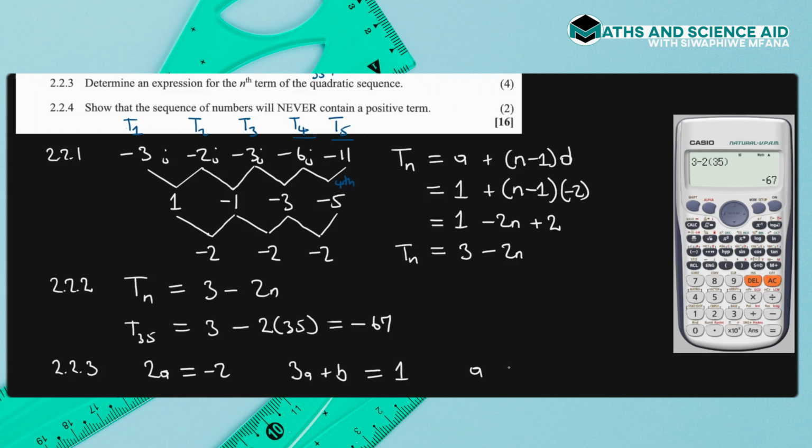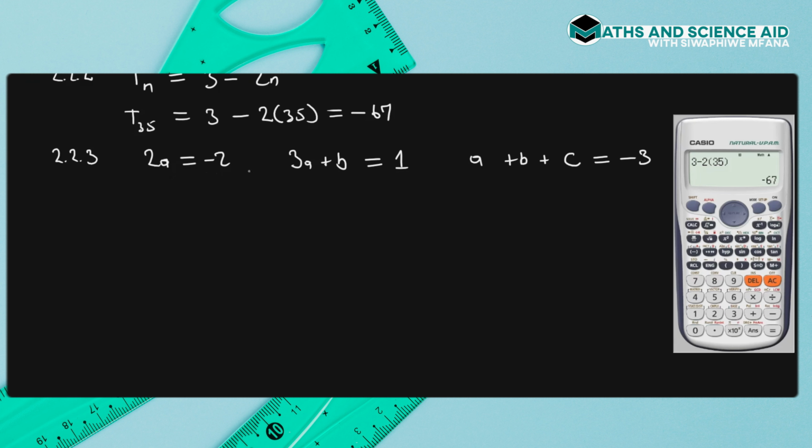And we also know that a plus b plus c is equal to -3, which is the first term of the quadratic. And now we can just simply solve these equations simultaneously. Firstly, we can see that if we divide by 2 on both sides of this equation, we are going to get a is equal to -1.